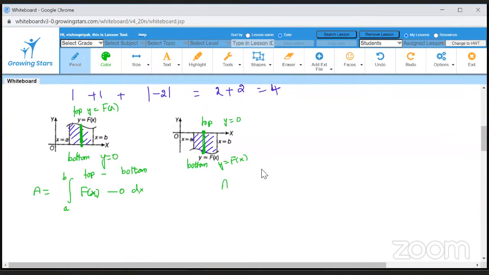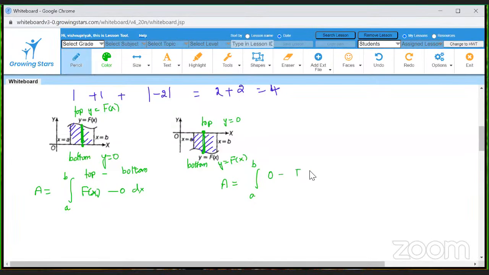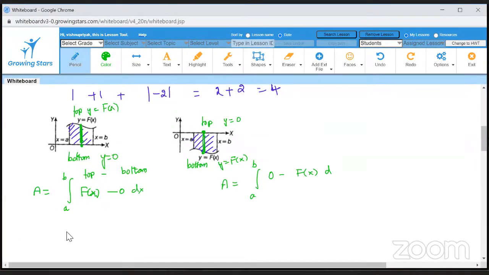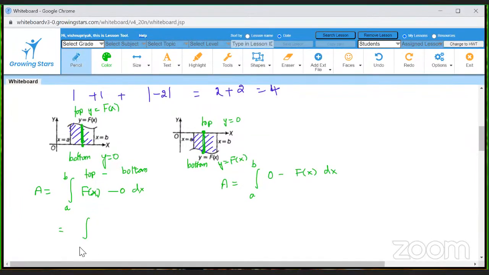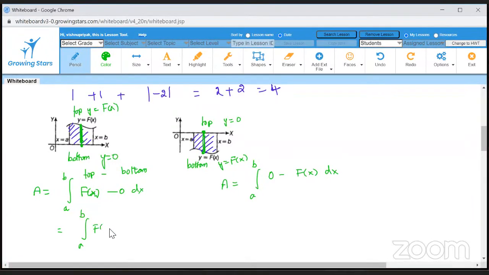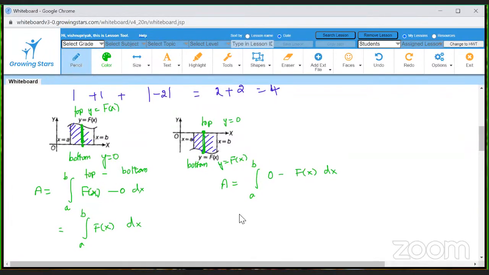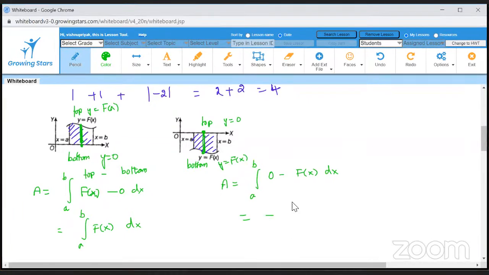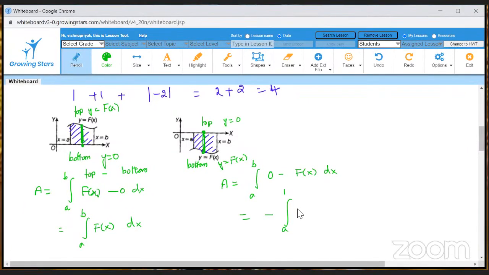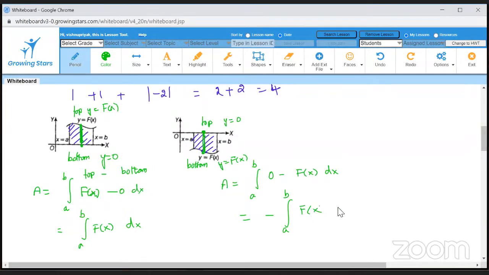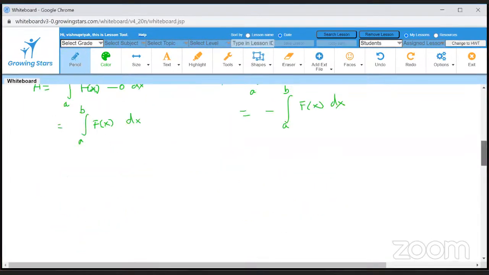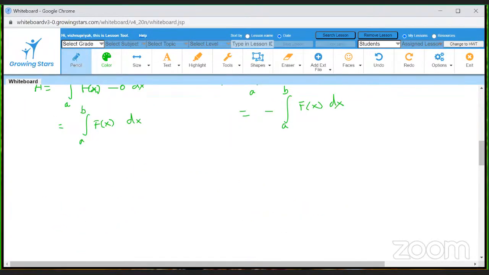And here the area is integral A to B, 0 minus f of x dx. So this area will be integral A to B f of x dx. This area will be minus, will bring outside, A to B f of x dx. Easy, nothing more. Directly you will get the correct answer.